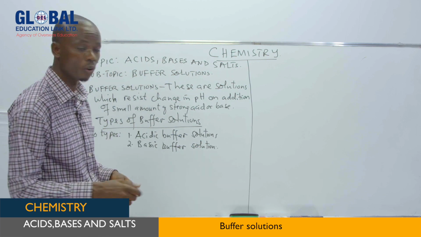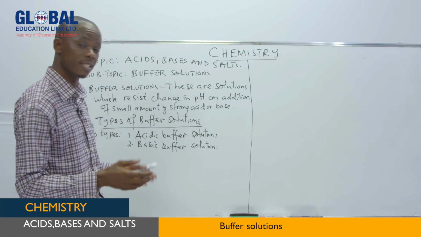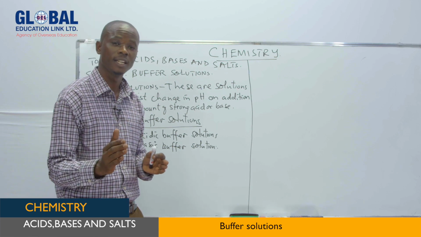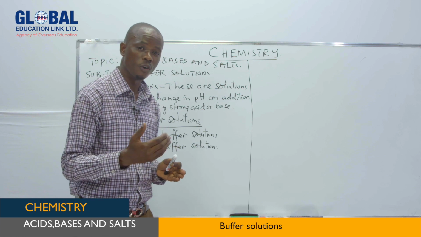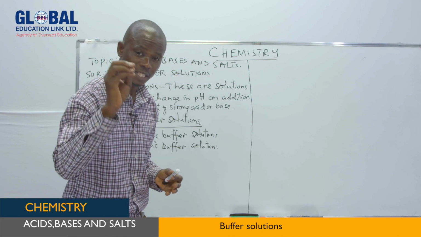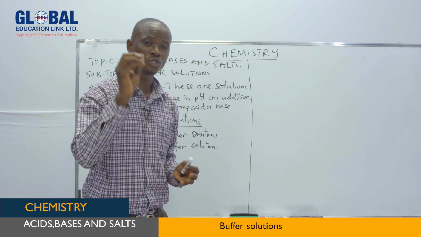These are the two types of buffer solutions that we have. Let us discuss one after another in brief, and see the selection of a good buffer mixture for each particular type. But specifically today, we are going to deal with acidic buffer solution.